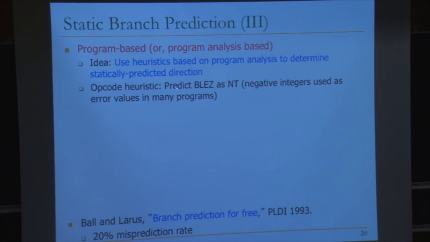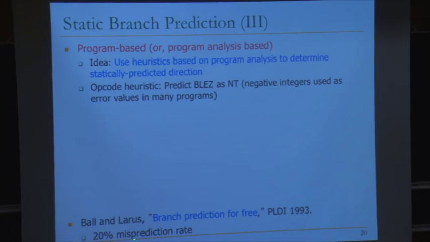Basically, for example, one heuristic is to predict a branch, I think branch less than or equal to 0, based on this opcode. If a branch has that opcode, predict that as not taken. Why? Because it turns out negative integers are used as error values in many programs. It's not always the case. Again, this doesn't always apply, but it's a heuristic.